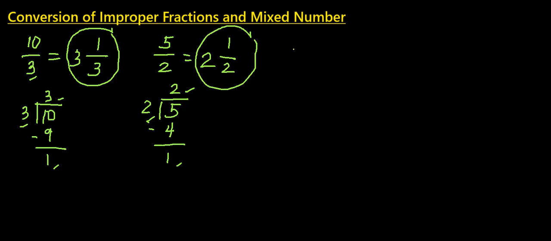Then let's try converting mixed numbers into improper fractions using the same examples. So let's have 3 and 1/3. What we're gonna do is copy the denominator, which is 3, and then we multiply the whole number to the denominator.